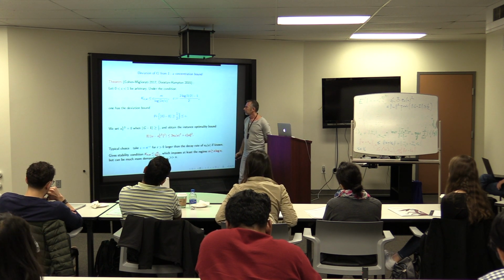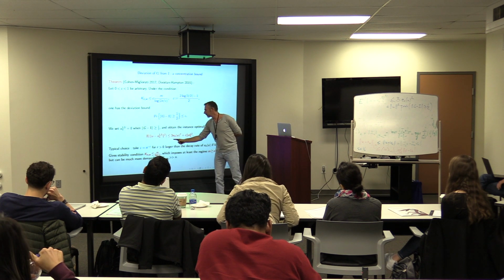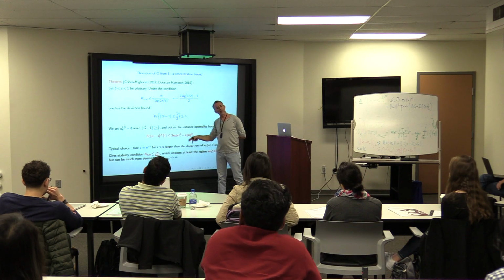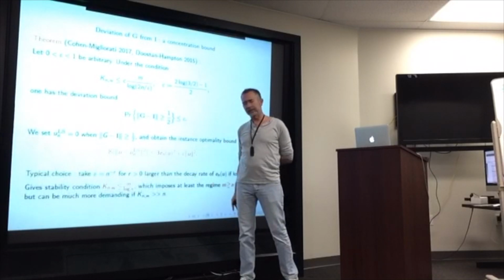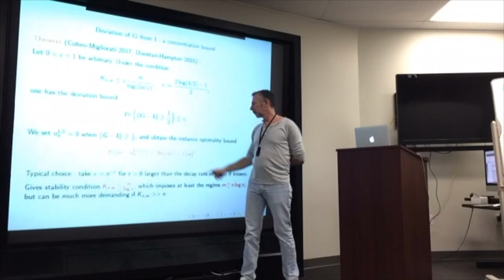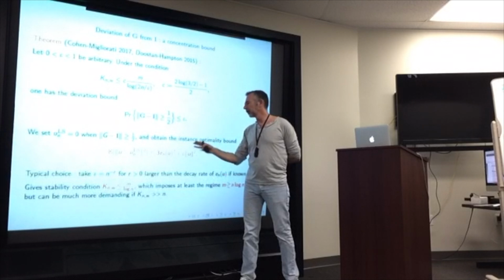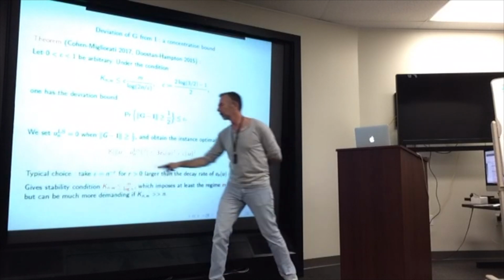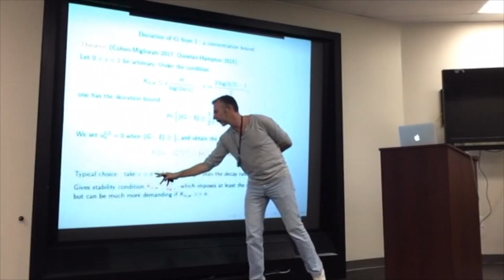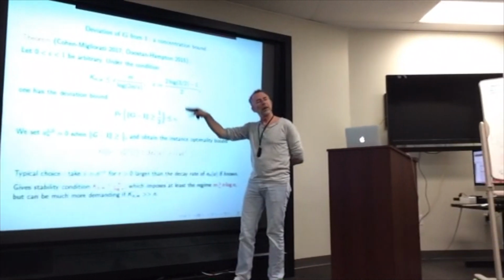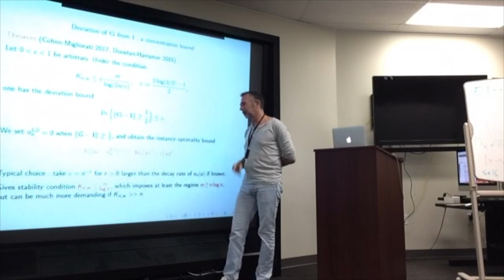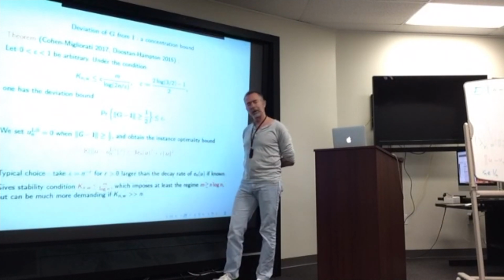Imagine that En decays like an algebraic power, like n to the minus s. Then one way not to be bothered by this term is to take epsilon to be like n to the minus r, where r goes faster than the decay rate of En squared.